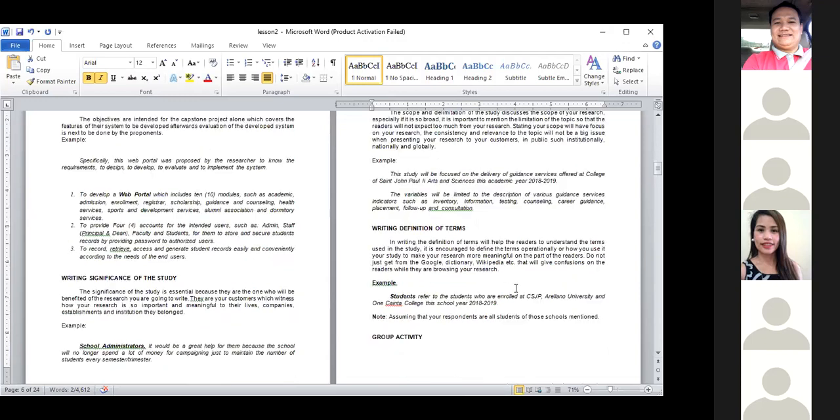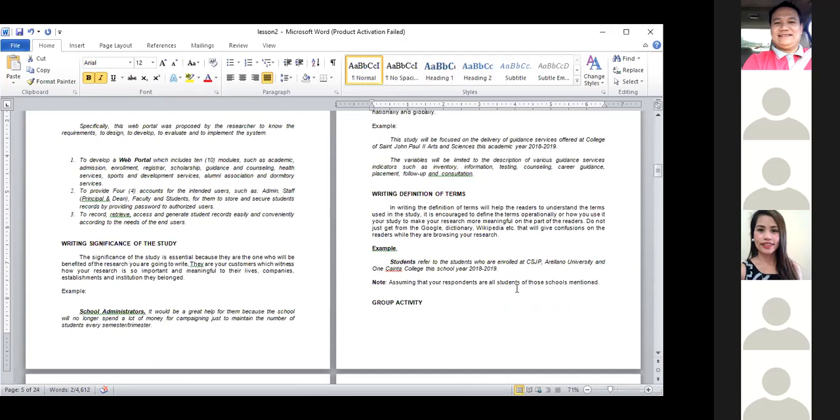Okay. Then next we have writing definition of terms. So usually the definition of terms, whatever words you will be using in your research, you have to define them operationally. Let's say you're gonna use here the word students. So we all know naman that when you say students, these are the people going to school, di ba?